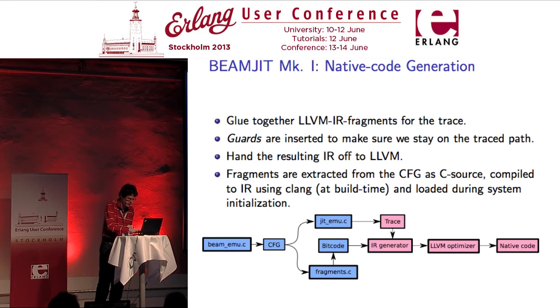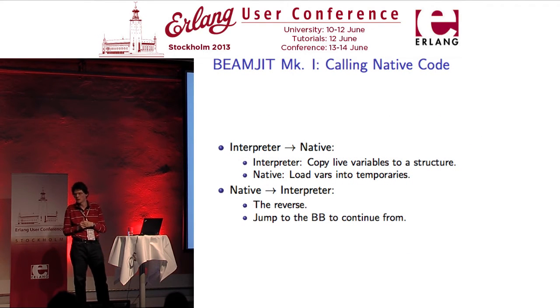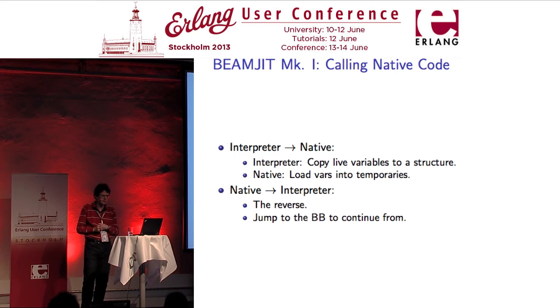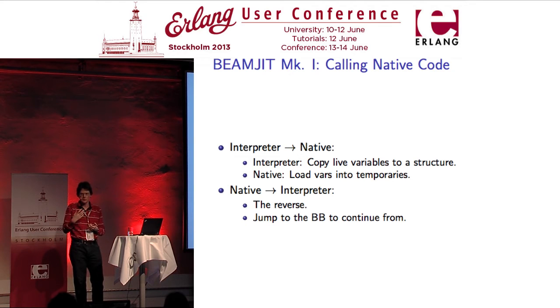Now I only have one of these mode switches left to describe, namely, how do we call native code in the Mark I version of the JIT? Well, when we switch from interpreting mode to native mode, we pack up all the variables that are live into a structure and head it over to the native code, which in turn unpacks it and plugs in the values in its temporaries.